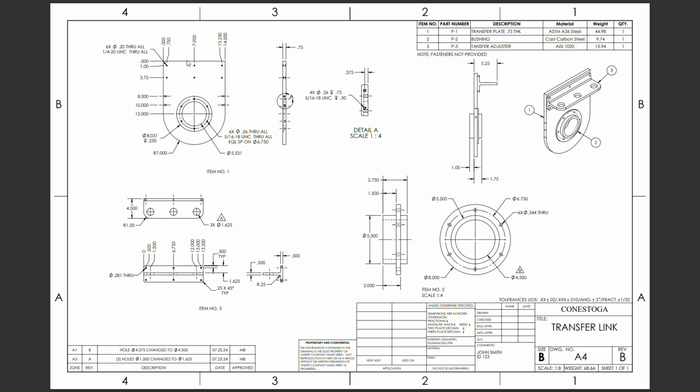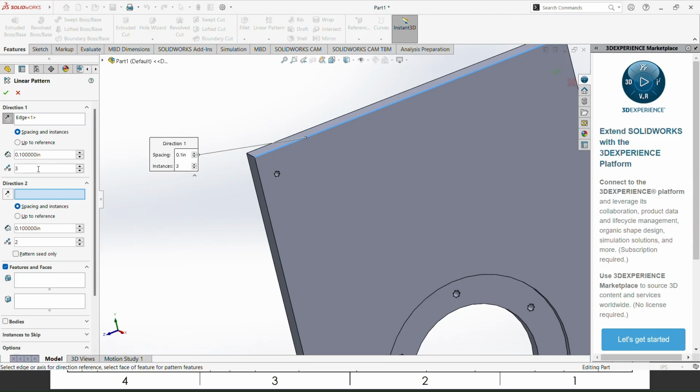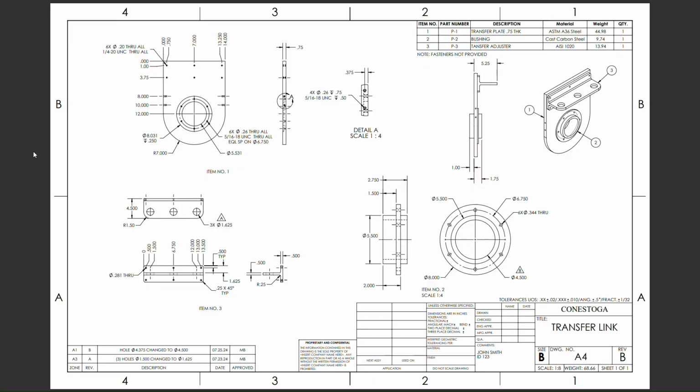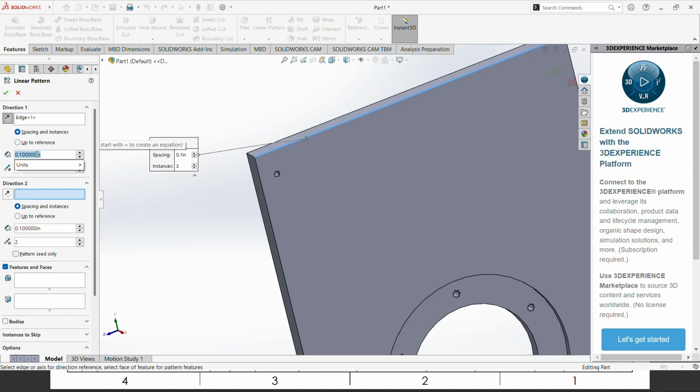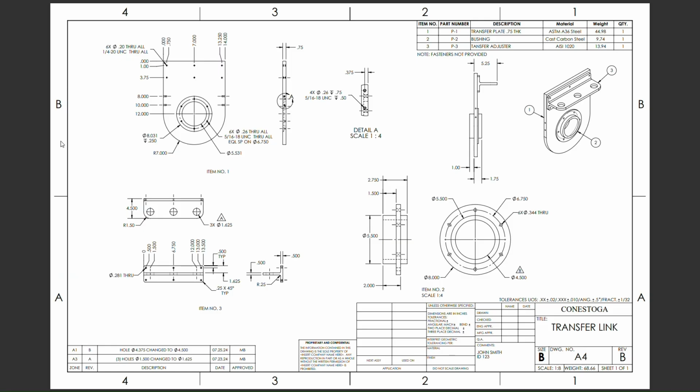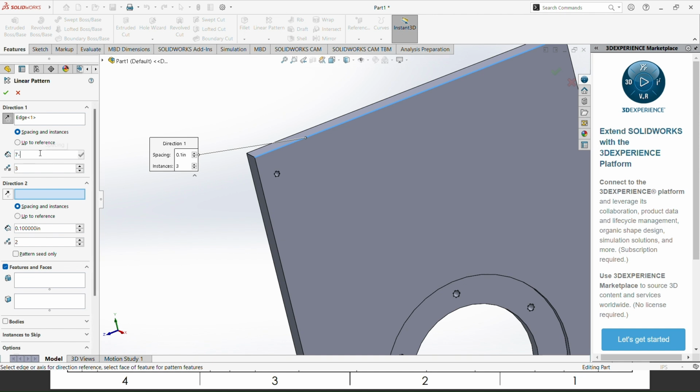So it is about 7 minus 0.75. 0.75 is the distance.